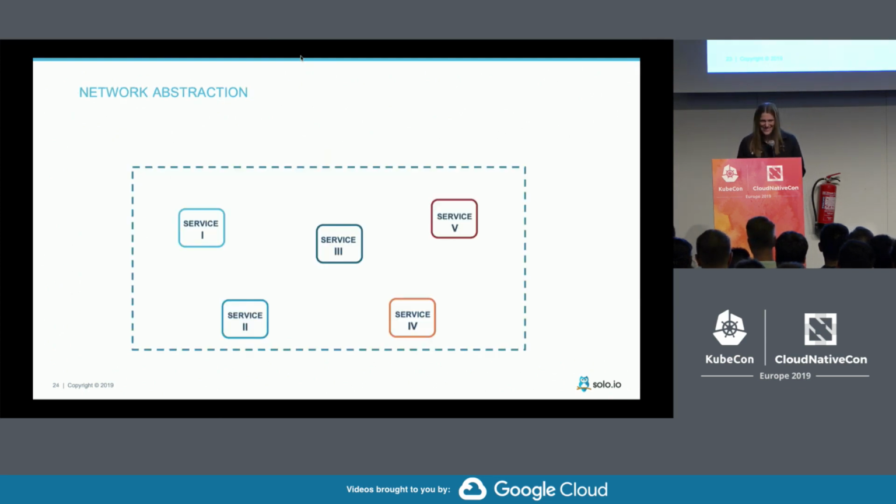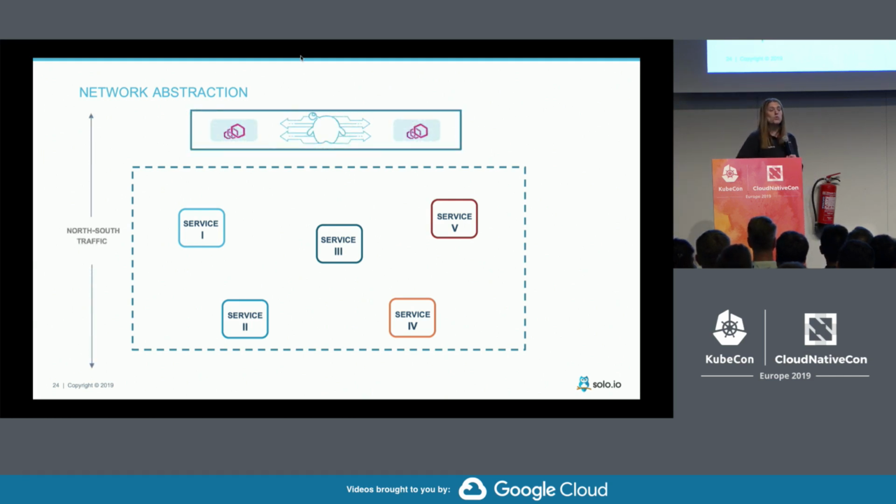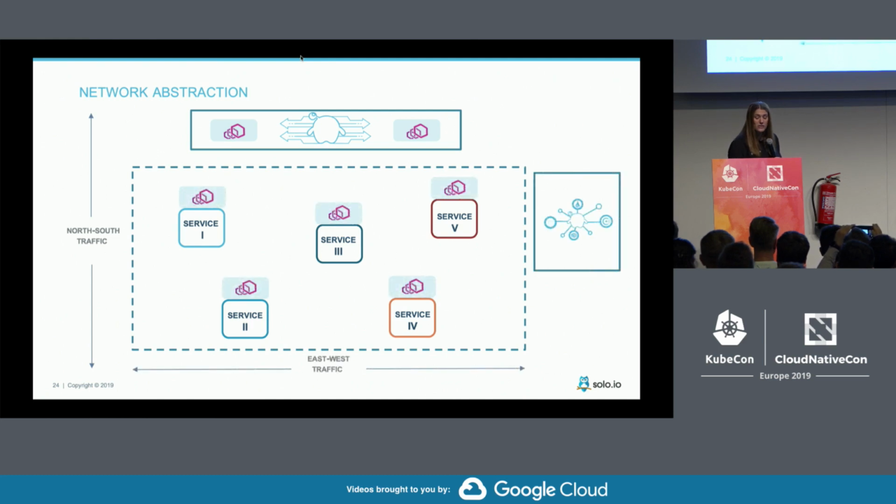But now we have Service Mesh, right? What did we do with Service Mesh? We have a cluster, we have microservices. We somehow managed to abstract the network on every traffic that's coming into the cluster. That's exactly what an API Gateway is doing, right? We have Gloo, but there are a lot out there. And the second thing is that we also need a Service Mesh, right, to take care of all the east-west traffic.